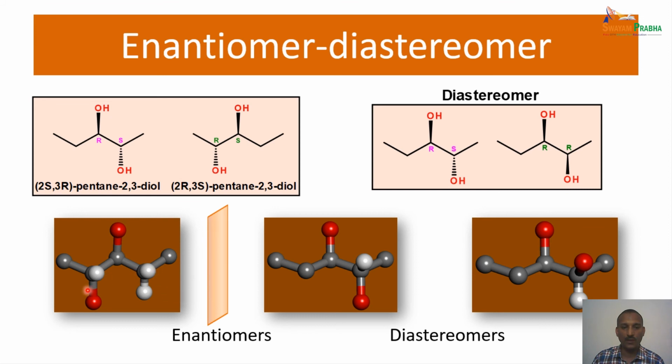So in other words, this carbon retains the same configuration here again. The OH is on the right hand side, here the OH is on the left hand side. So these two are enantiomers, whereas in this particular case the OH is on the central carbon, here again OH is on the central carbon, but the hydroxyl group is pointing downwards here and in this one it is pointing towards the observer. So these two are diastereomers.